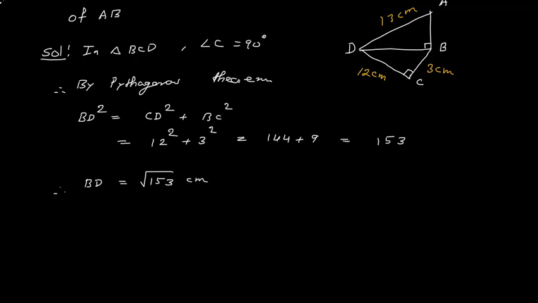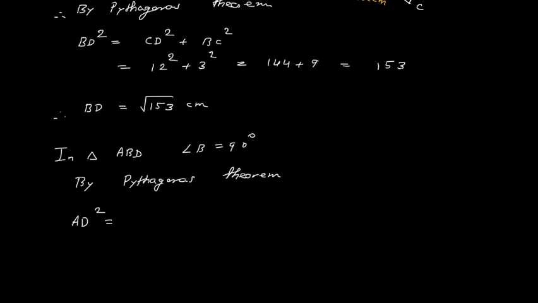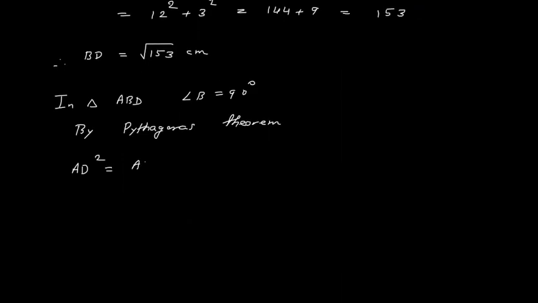Now I got the value of BD. Now in triangle ABD, here angle B is 90 degree. So we apply Pythagoras theorem. So by Pythagoras theorem, we have AD square is equals to AB square plus BD square.